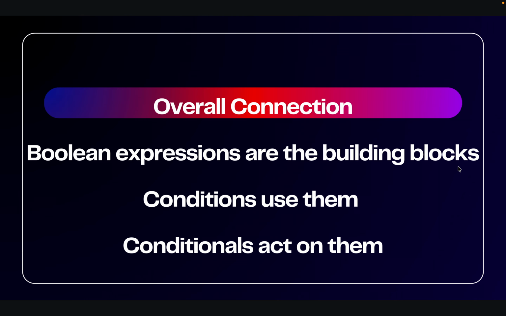Your Boolean expressions, let's consider those the building blocks of decision making. You start with your Boolean expressions. You then use those expressions within your conditions, and once you have the condition, the conditionals will act on them or complete a certain task based on the result of those conditions.